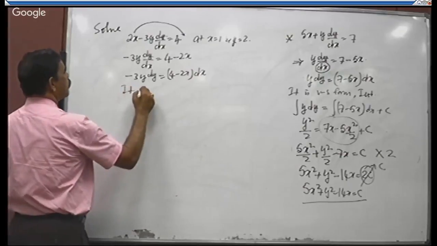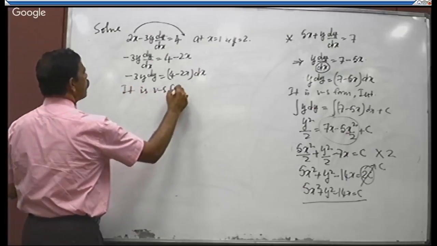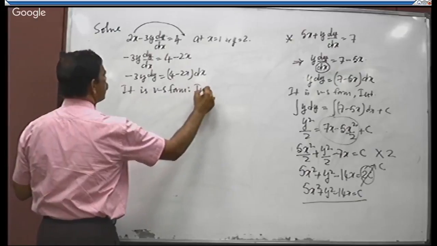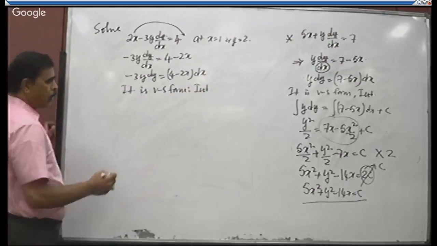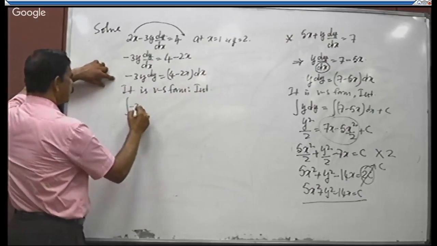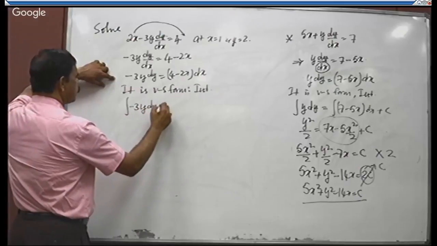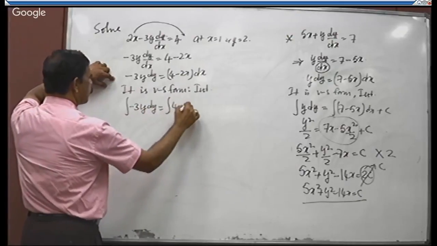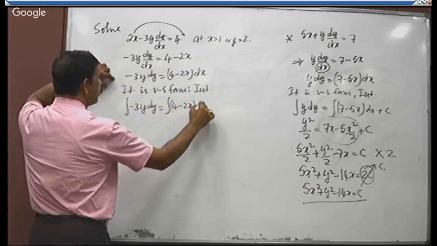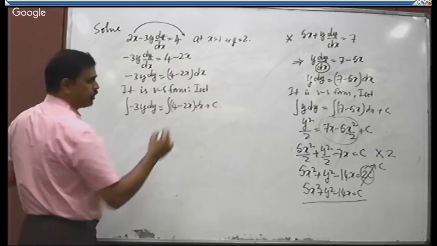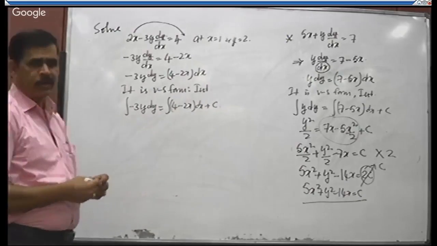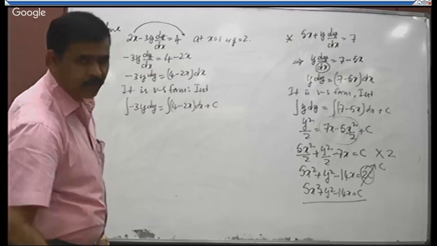It is variable separable form. Integrate it. Integration of minus 3y dy is equal to integration of 4 minus 2x dx plus c. So c is very important, that is the constant of integration.